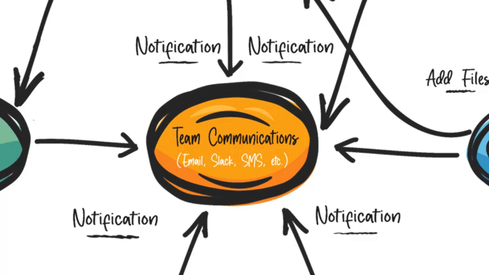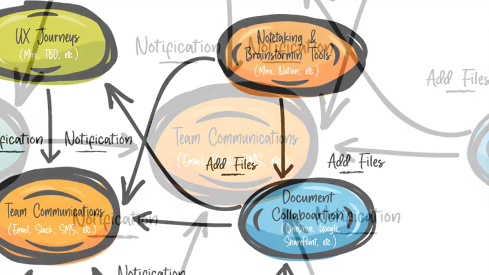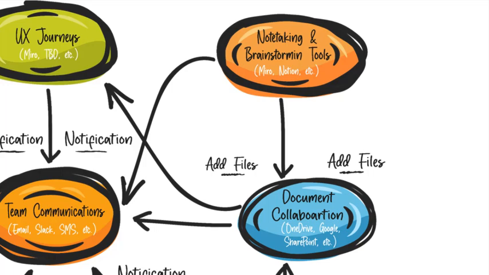You'll also notice that each arrow that connects the circles has an action or activity tied to it. For example, add files means you may have a deliverable from one part of the project process that you'll want to upload, save, and share alongside other project files. These files could be UX journey maps, code, story conceptualization docs, draft articles, and so on.